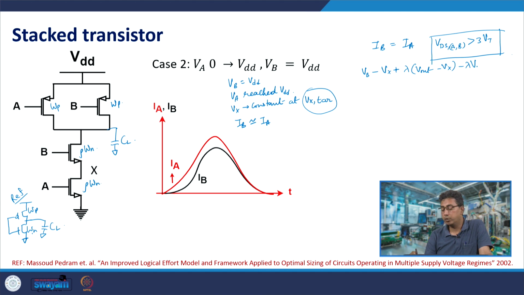What is the value of source voltage? It is Vx minus Vth. This is proportional to Ib. Similarly, one can obtain it for Ia also.